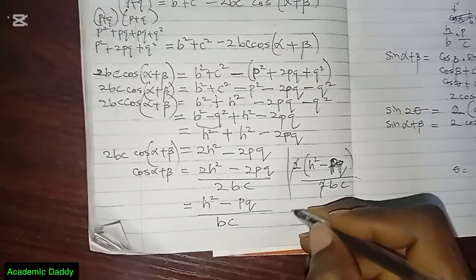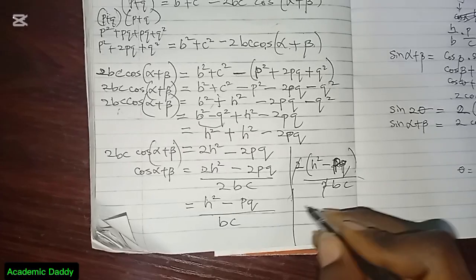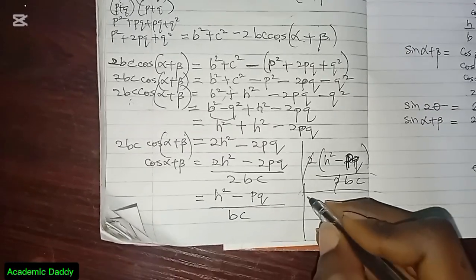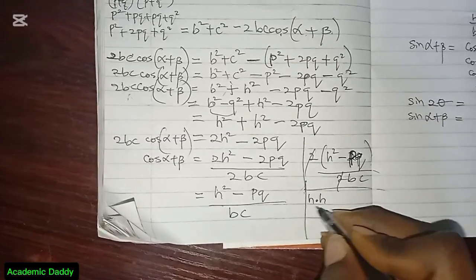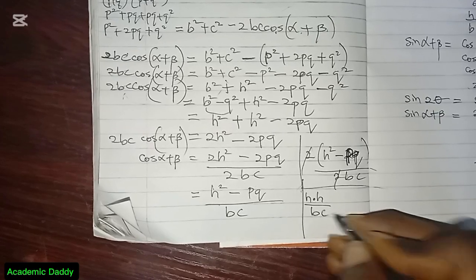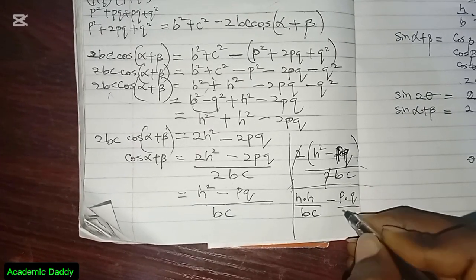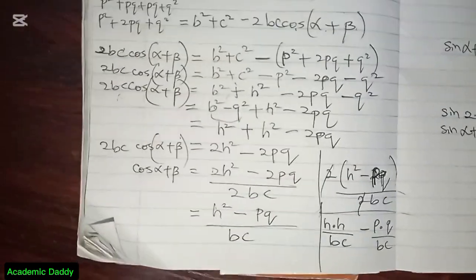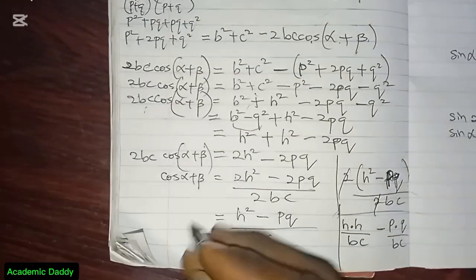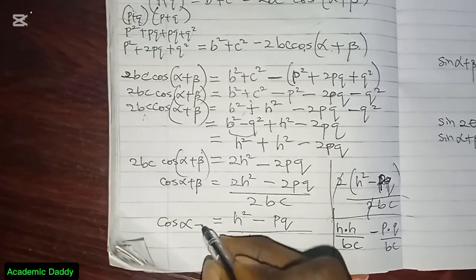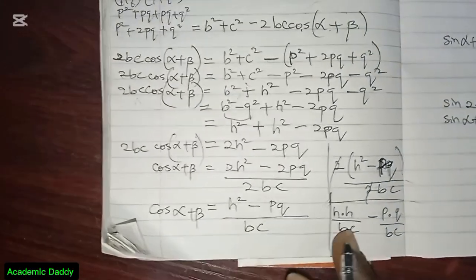And this is the same thing as saying h times h all over pc minus p times q all over pc. I'll not teach you LCM. So I can now say cos alpha plus beta is equals to this.